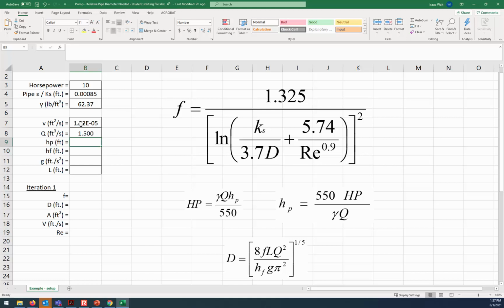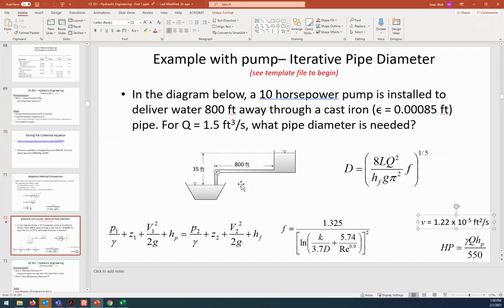The pump we calculated before is adding 58.79 feet of head, and then the friction loss, the portion of that energy that's available for friction loss, is just the pump head minus the delta Z that we saw, which was 35, wasn't it? 35 feet? So that there's 23.79 feet that's going to be used on the friction loss. G is 32.2 in traditional terms, and our pipe length is 800 feet.